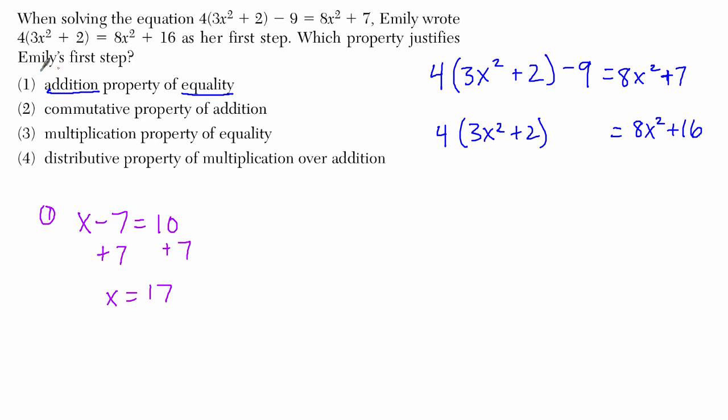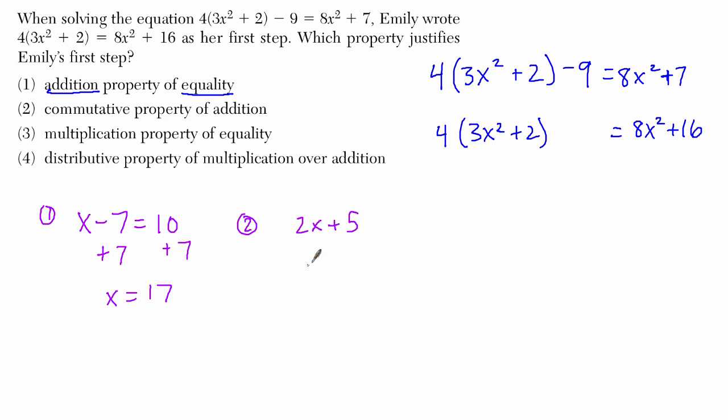That's answer choice 1. Then we have the commutative property of addition. That says that if you have any expression, let's take 2x plus 5, when you're adding two things, you can add them in any order.